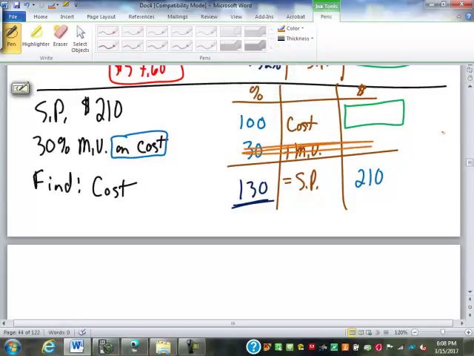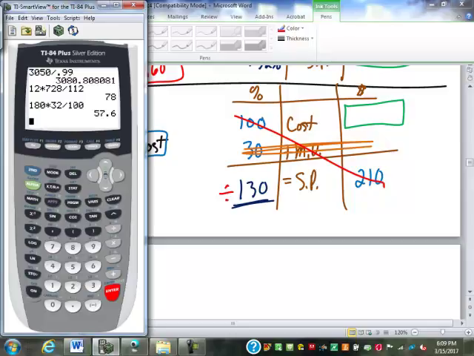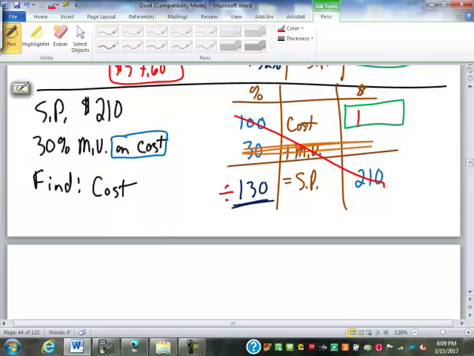The markup, yes, 30. So now it's 100 times 210 divided by 130. $161.54 was the cost.